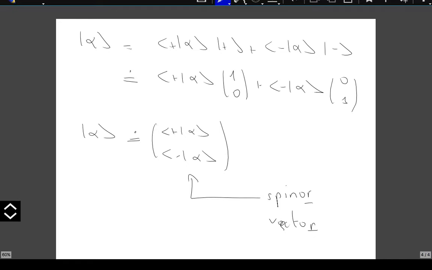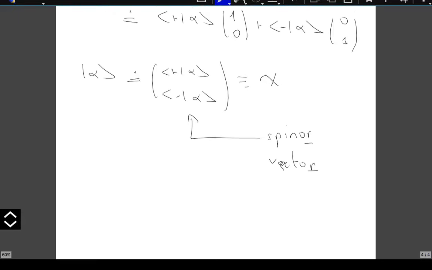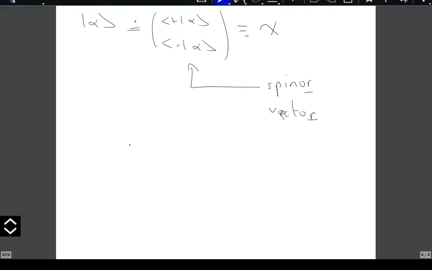And this matrix, quite often it will be shown by such a symbol instead of the cat. Now then, of course, we have the matrix elements of alpha and beta.